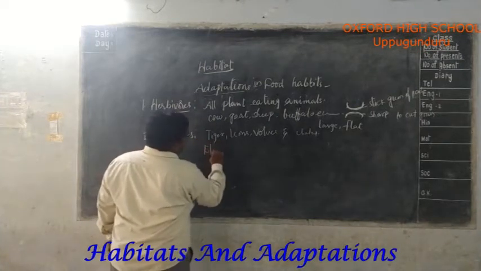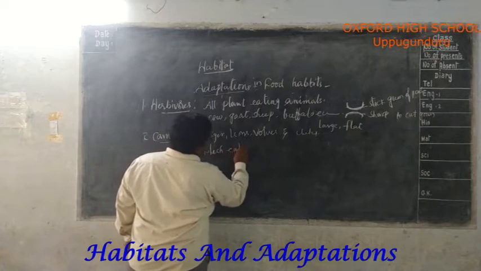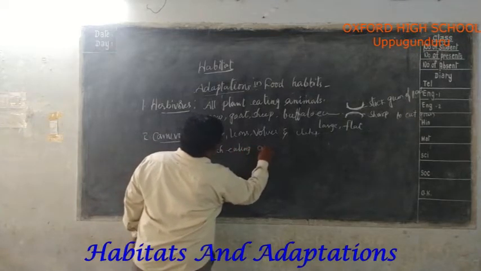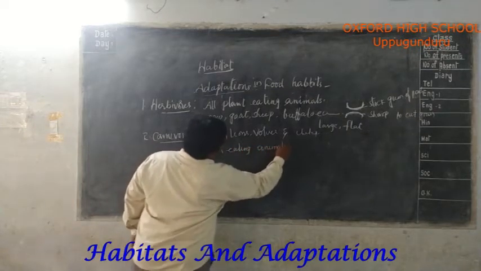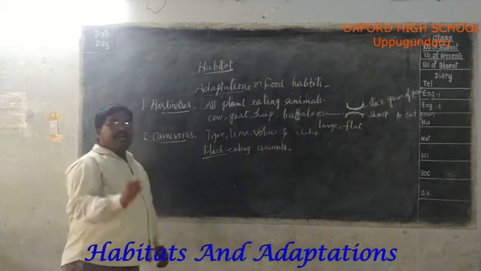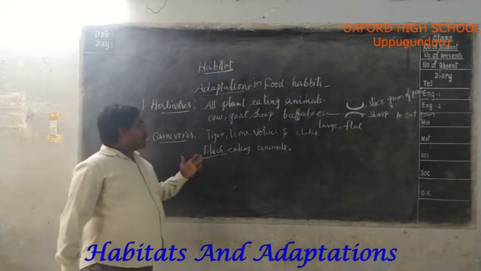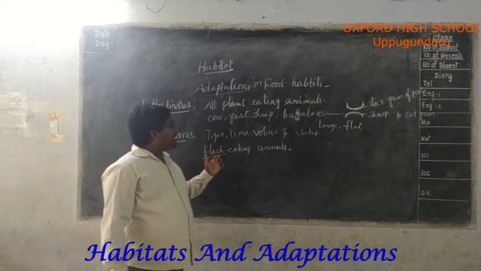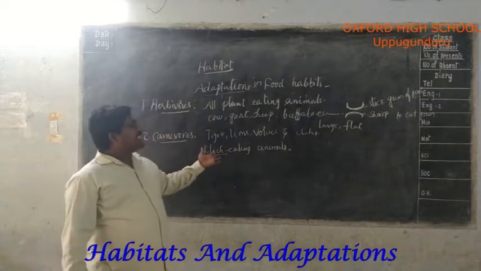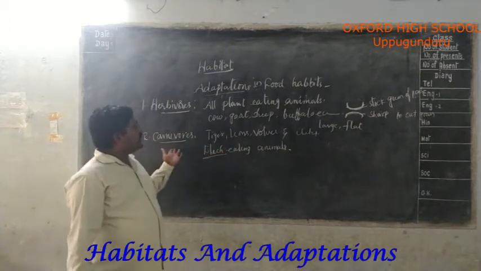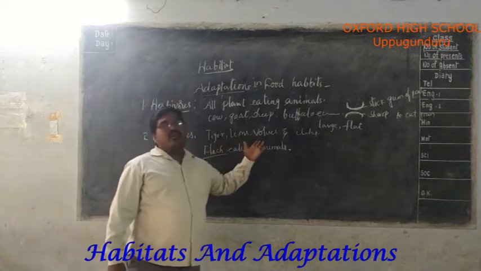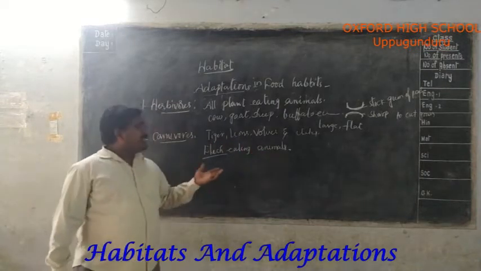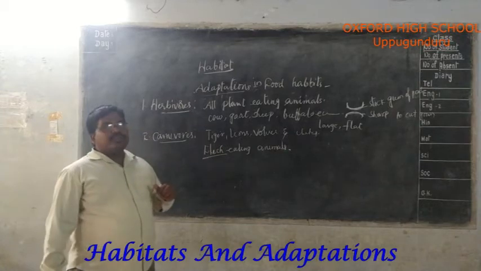Flesh-eating animals. What is flesh? Mamsam. All flesh-eating animals are called carnivores. Examples: tigers, lions, wolves, cheetahs. These all are carnivores.